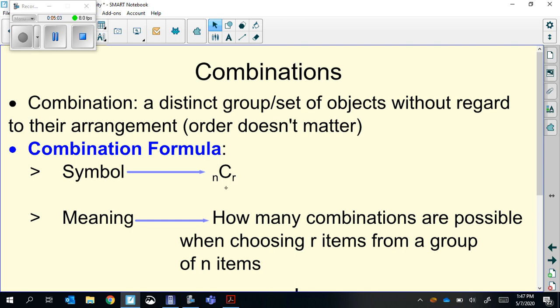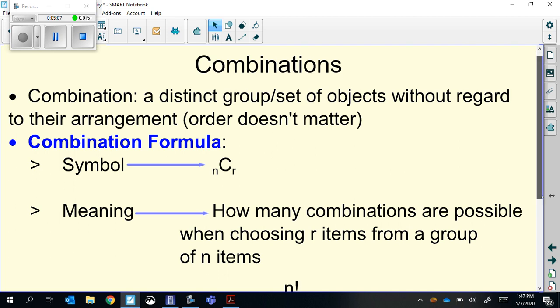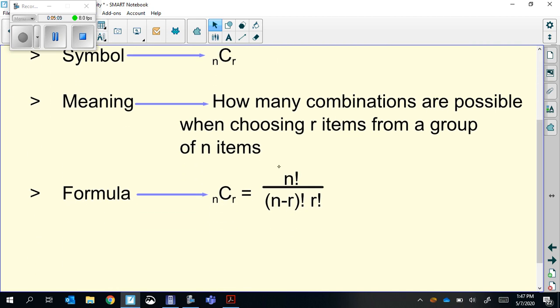Order does not matter. So there's our symbol. We already used it. Combinations are groups. And then, like I said, here's the formula, but I already showed you the shortcut, which is way easier than the formula. Use your calculator or the shortcut to do it by hand also, with just marking out the number of spaces.